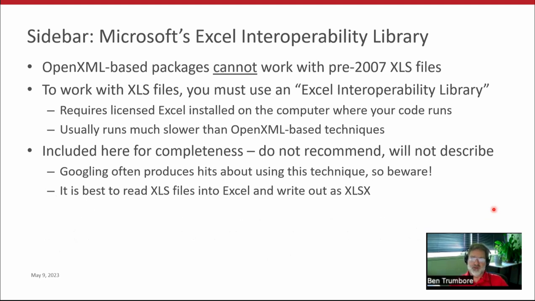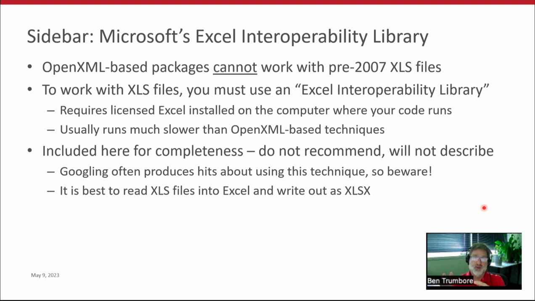All right, so a couple little things I should mention here that are not related to what I'm going to try to show you how to do. Before Office 2007, if you wanted to work with Excel files through code, you would need to use something called Microsoft's Excel Interoperability Library. Essentially, this was a library that would call an installed version of Excel to access the functionality within it.